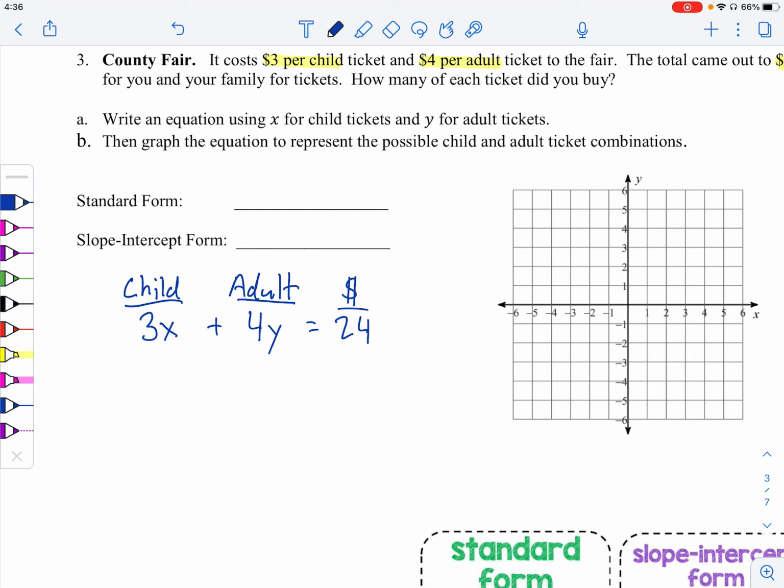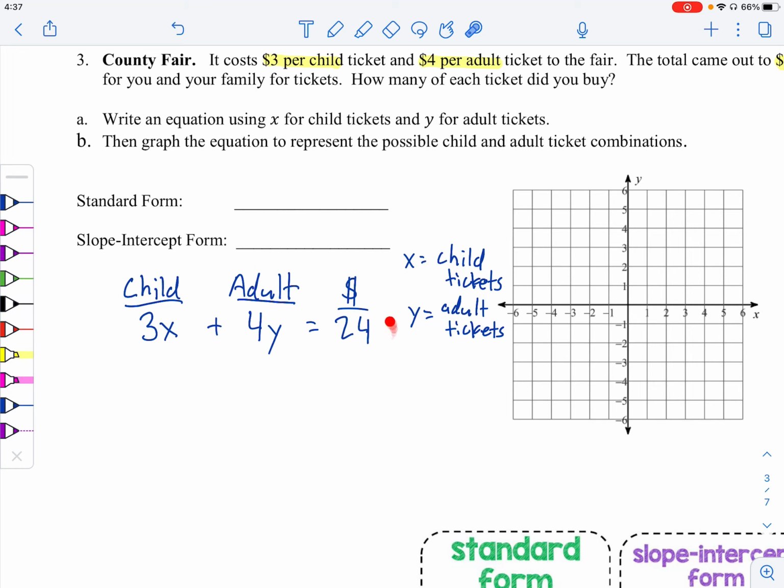We can say this because x equals child tickets, y equals adult tickets. So using categories helps us out with doing this. Child, 3 per child ticket, adult, 4 per adult ticket. Total cost is $24.